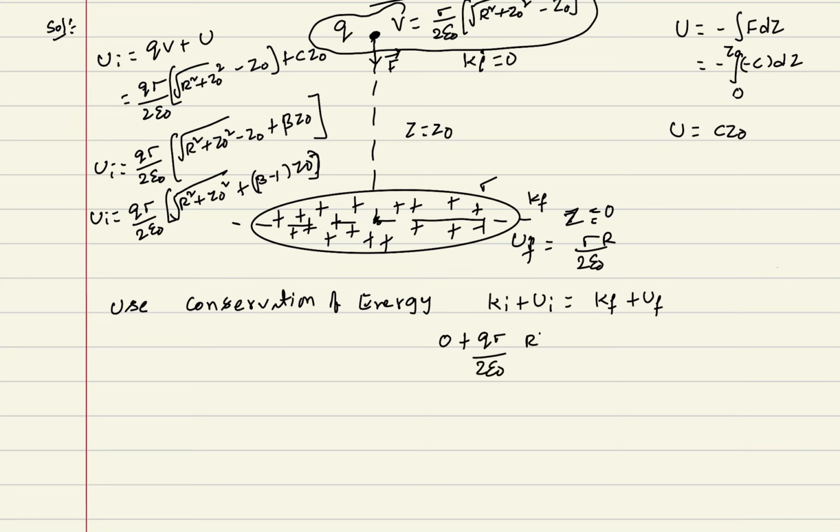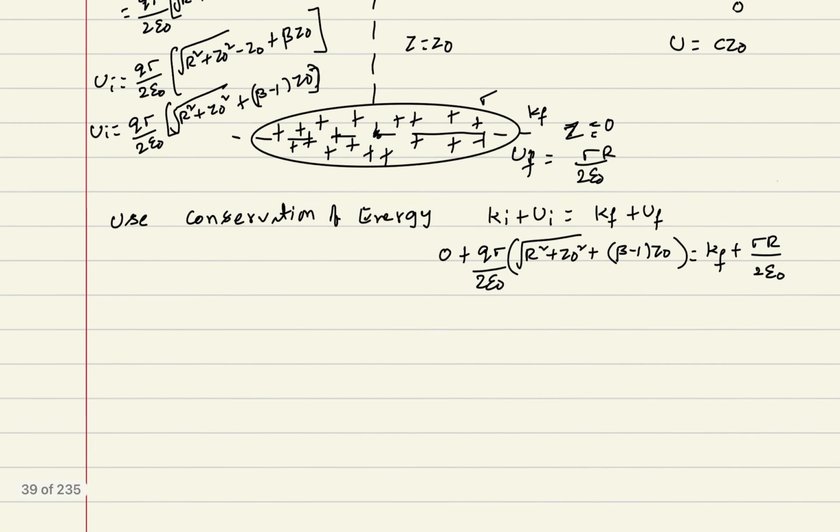Initial kinetic energy is 0. The initial potential energy is q sigma by 2 epsilon naught into (under root of r square plus z naught square plus (beta minus 1) into z naught), equal to the final kinetic energy plus the final potential energy, sigma r by 2 epsilon naught.